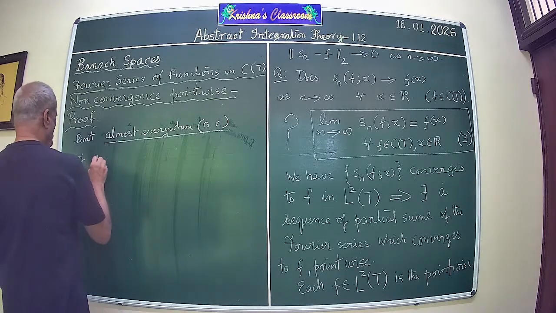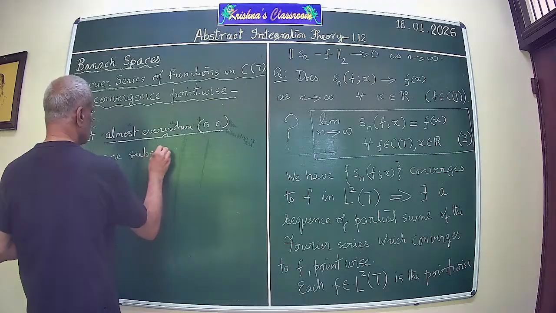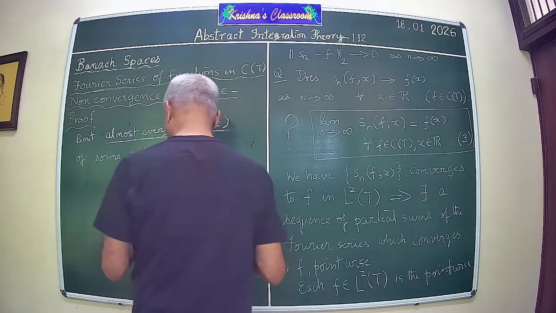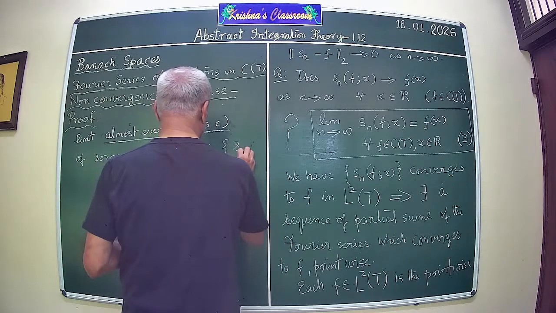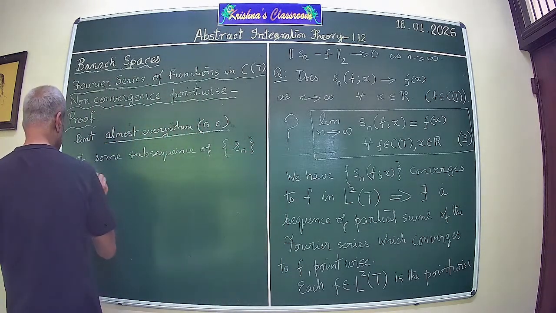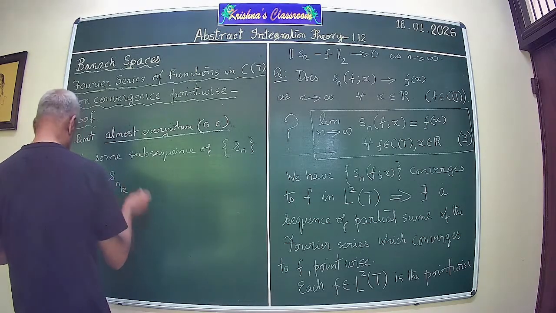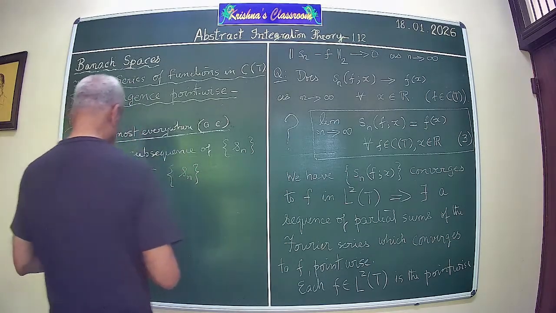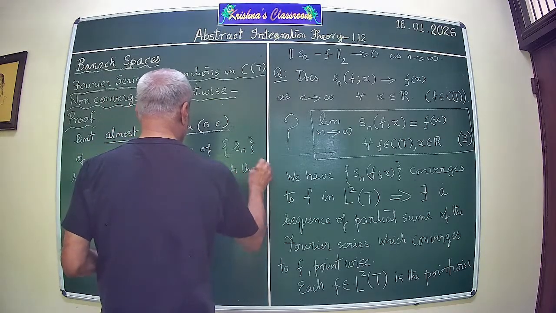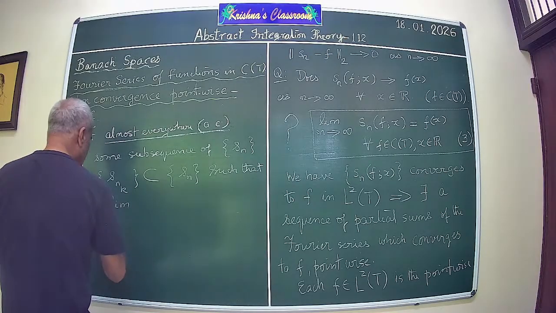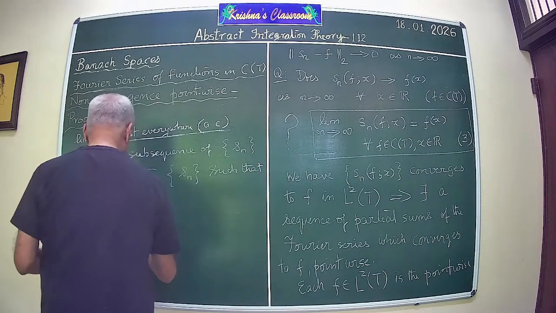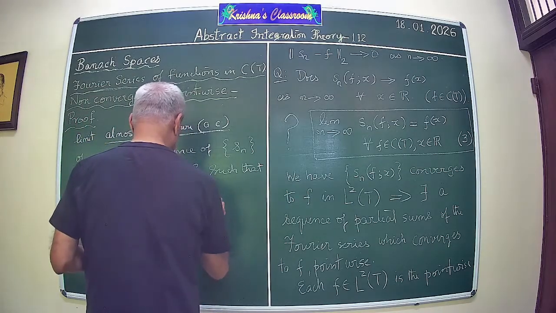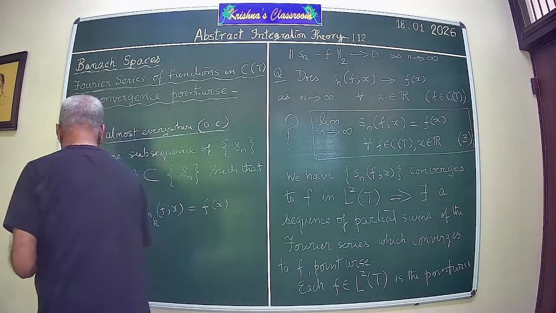Say Snk, such that the limit as k tends to infinity of Snk of x is equal to f of x almost everywhere.